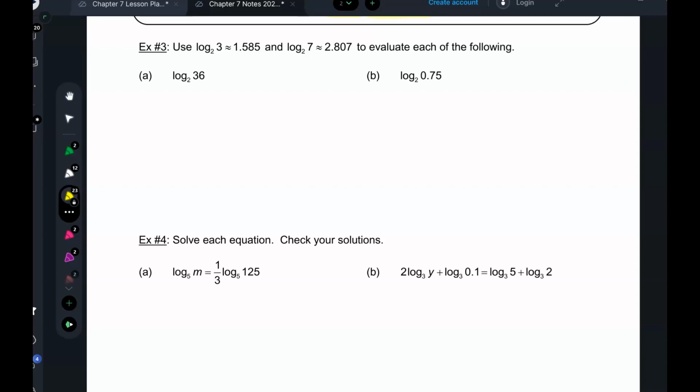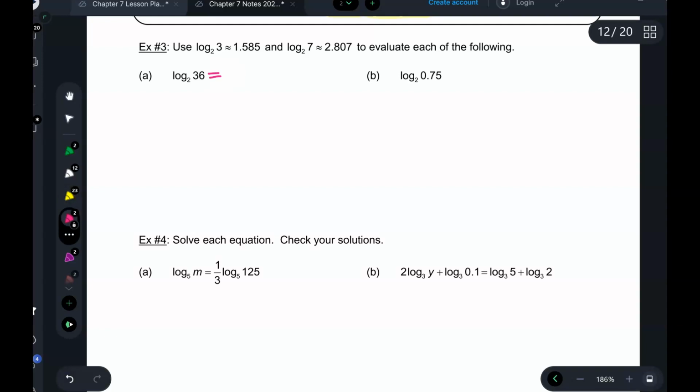Well, hold on. First thing I want to do, I want to rewrite 36. All I know for this one is log base 2 of 3 and log base 2 of 7. So how else can I rewrite 36? 6 squared. Yeah, but I don't know what log of 6 is.